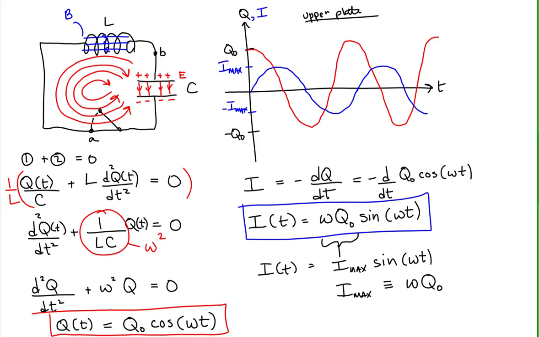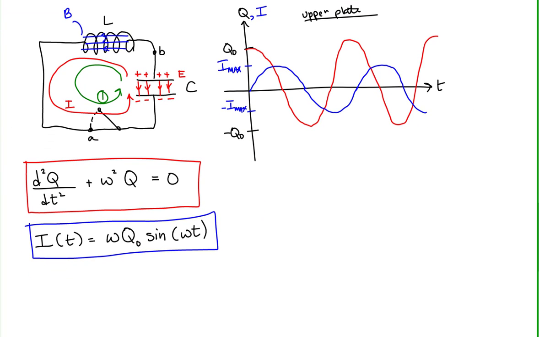And this behavior continues forever in the absence of resistive forces. It's an oscillation. It is a harmonic oscillation, and it is this behavior of LC circuits that allows us to listen to messages on our cell phone. It allows us to navigate with GPS. It allows us to even tune into a radio station.